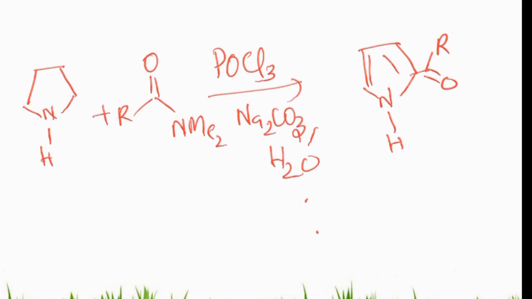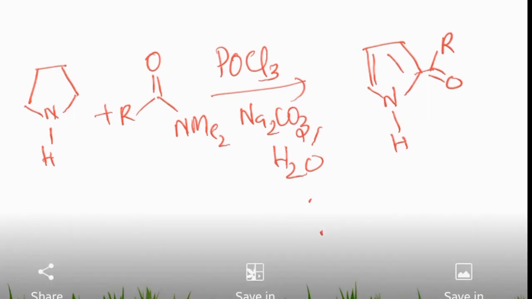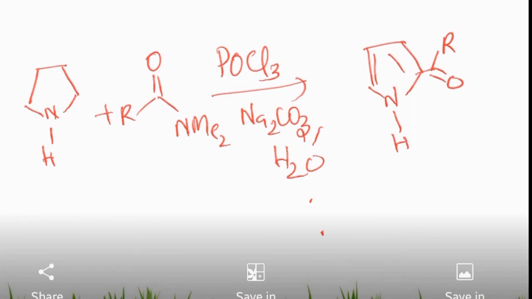Friedel-Crafts reaction, you know that Friedel-Crafts alkylation is there and Friedel-Crafts acylation is there. This is a method of acylation, and Friedel-Crafts reaction happens for simple aromatic compounds, and there are cases like heterocyclic compounds where the acylation is not that easy because the site is more reactive.